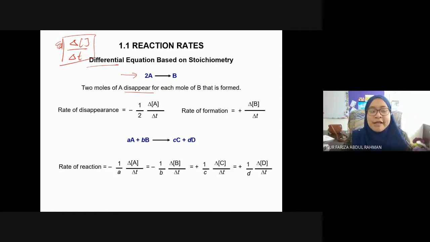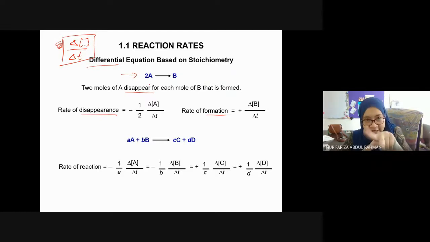So how do we relate the rate of disappearance with the rate of formation? Disappearance is for the reactant, formation is for the product. So we can equate this rate of A with B. Don't forget the negative because A is the reactant. The coefficient will be used as the fraction.